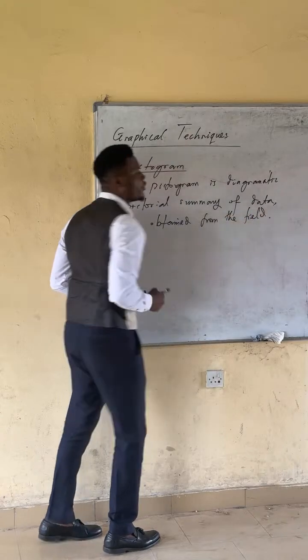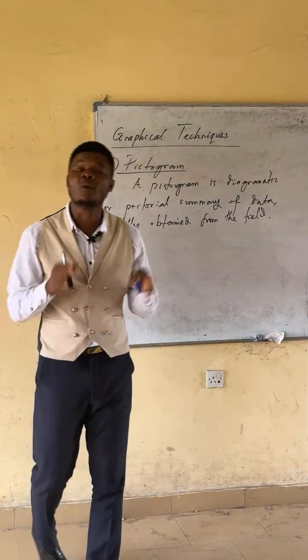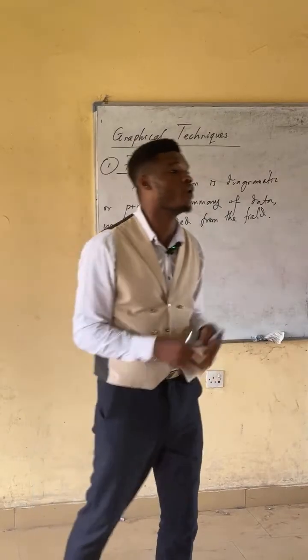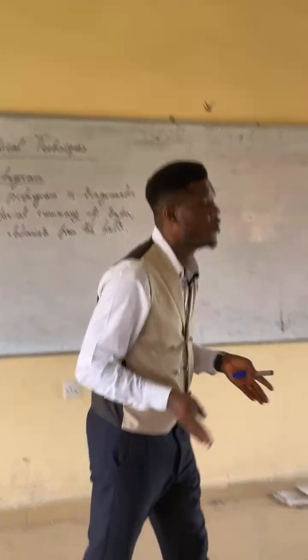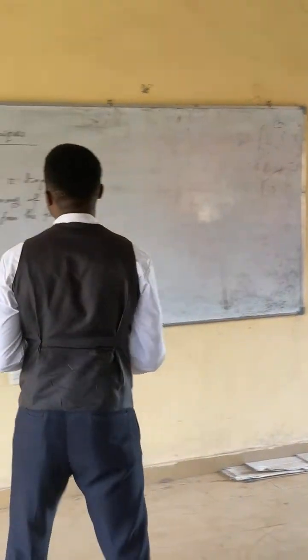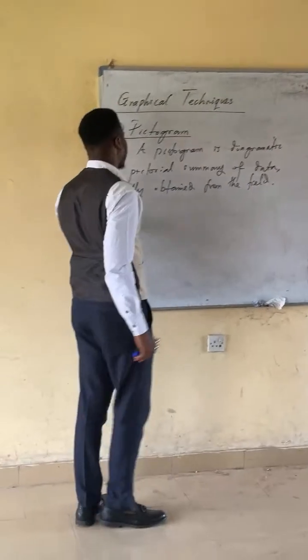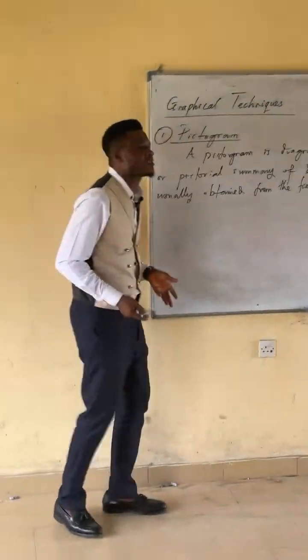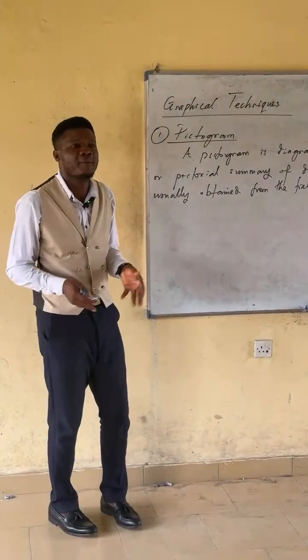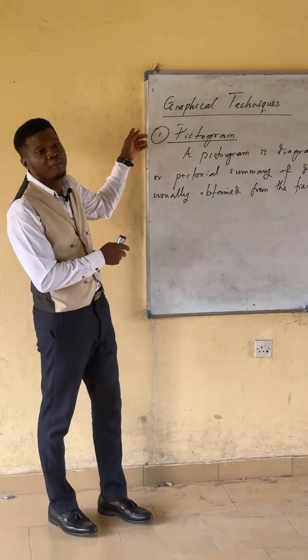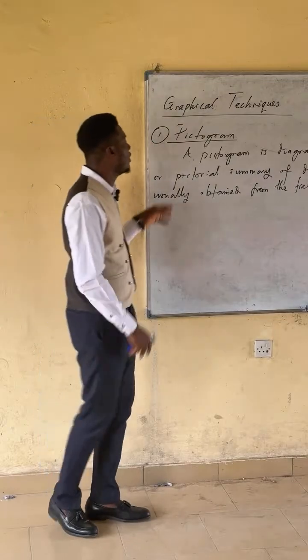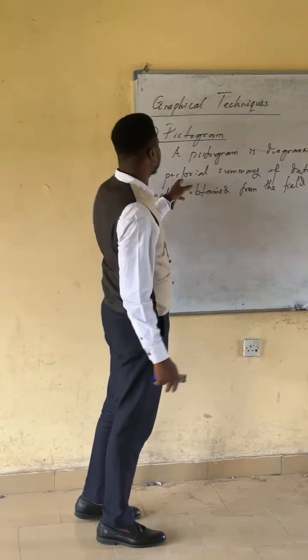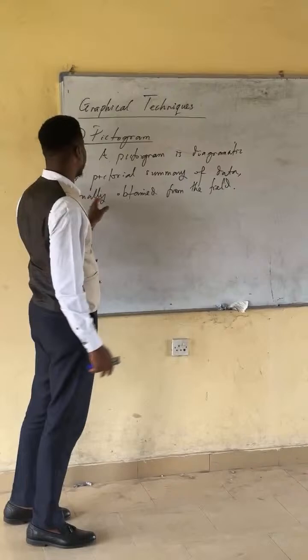So I hope you remember that we had said that when data is obtained from the field, it is called raw, right? Because it is unprocessed. So when you get data from the field, your choice of summarizing the data might be the use of a pictogram, okay? So a pictogram is a diagrammatic or pictorial summary of data, usually from the field.